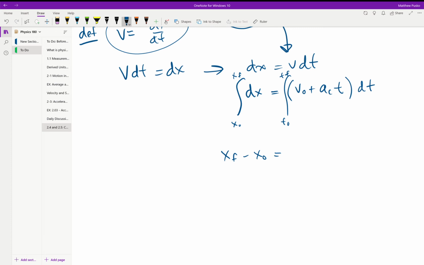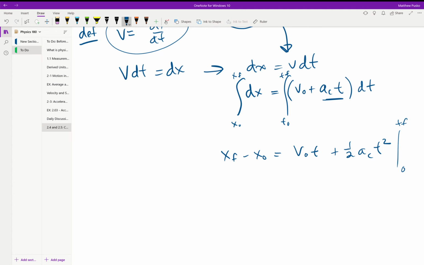And when we integrate v naught, that will just give us v naught times time, and when we integrate the acceleration times time, this term right here, we will get 1/2 a t squared. This whole thing, we can say it's evaluated from 0 to t final, and it'll reduce down like this.